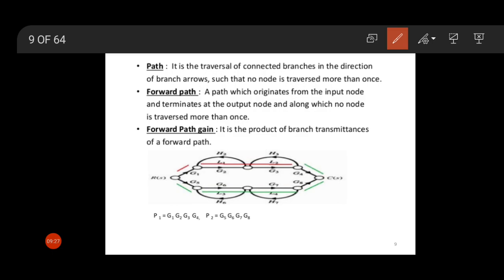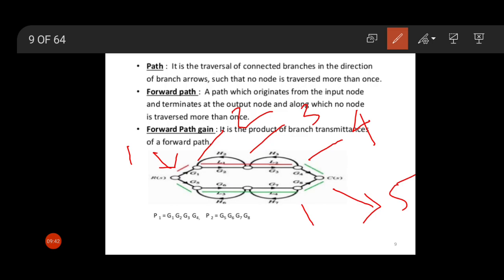If we consider, this is our input node, this is the first node, this is the second node, this is the third node, this is the fourth node, this is the fifth node, and this is the sixth, this is the seventh, this is the eighth.